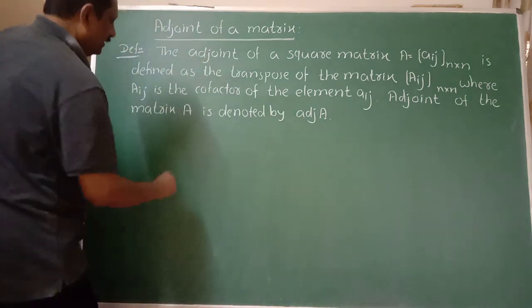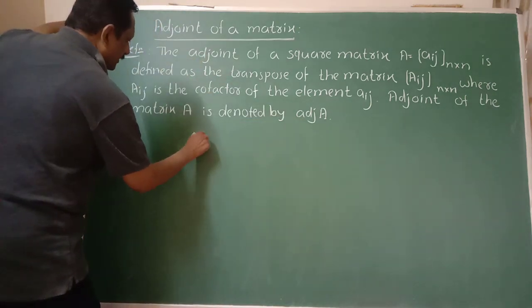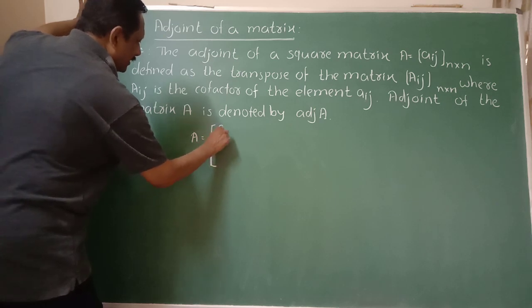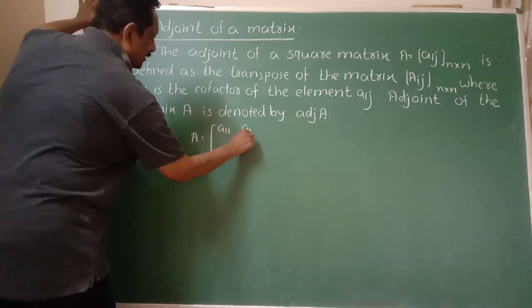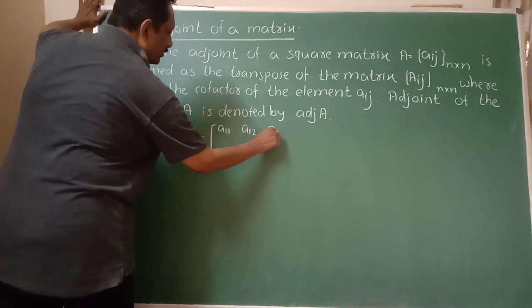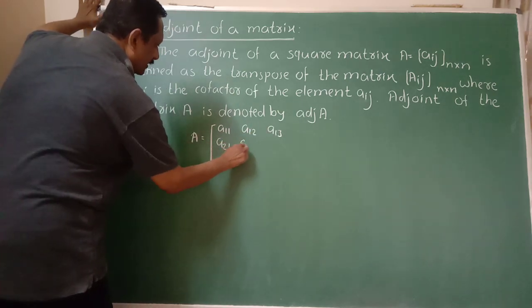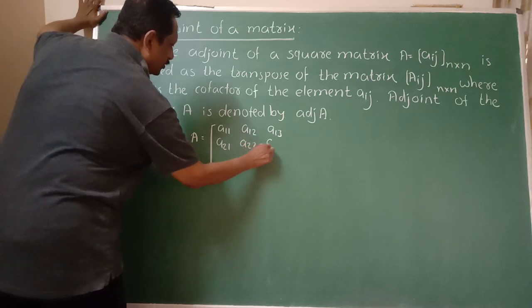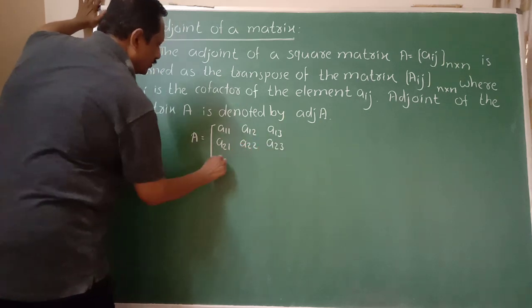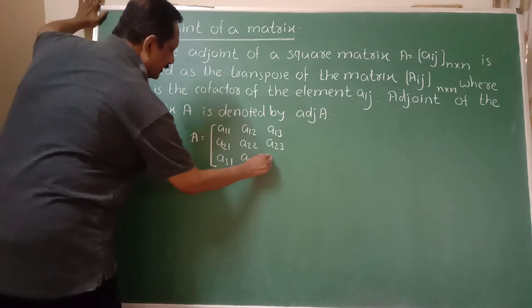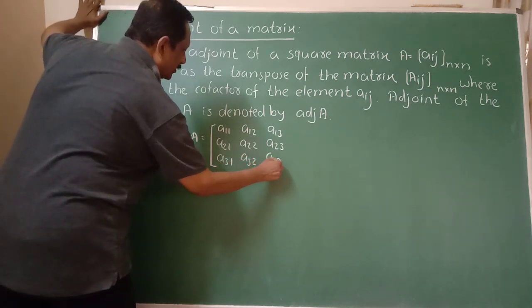Meaning here, suppose A is equal to the matrix with rows a11, a12, a13, then a21, a22, a23, a31, a32, a33.